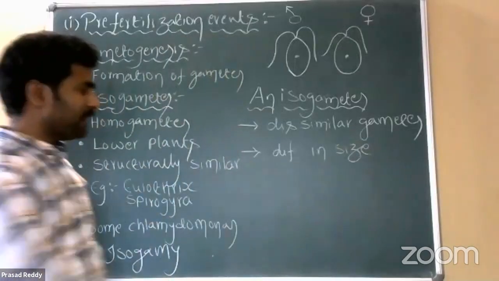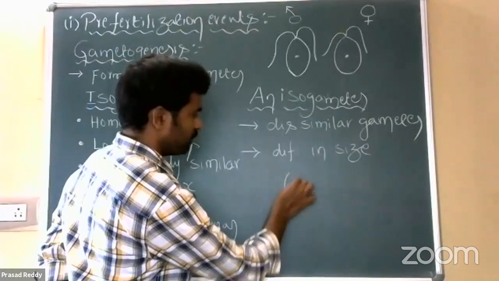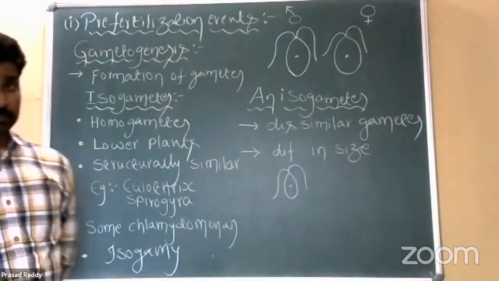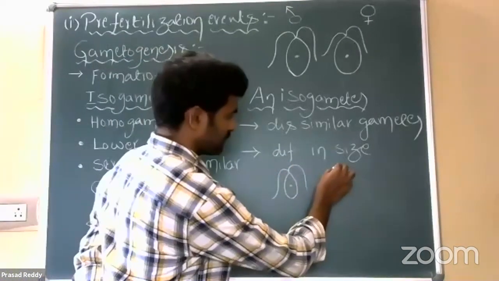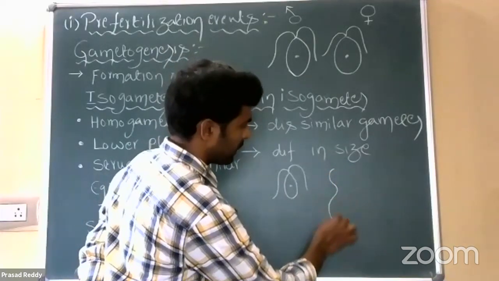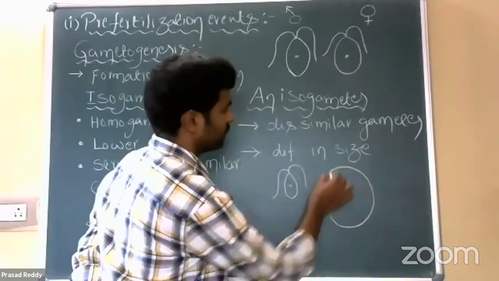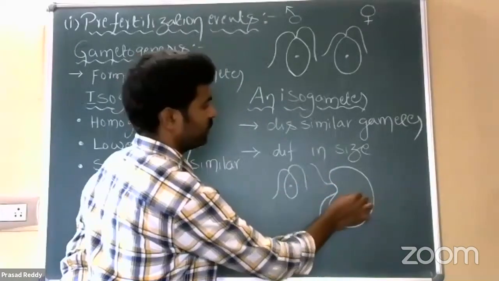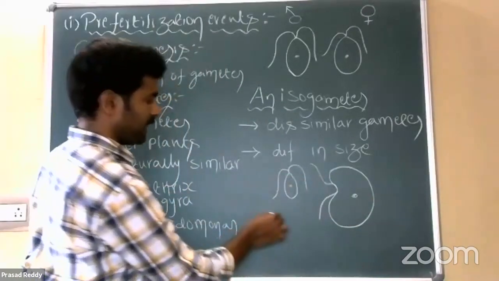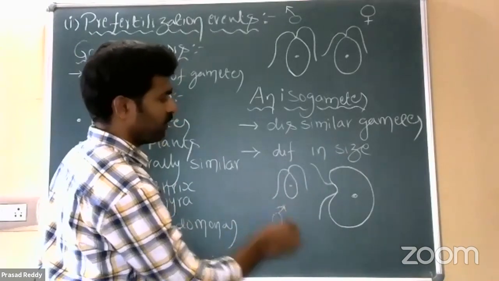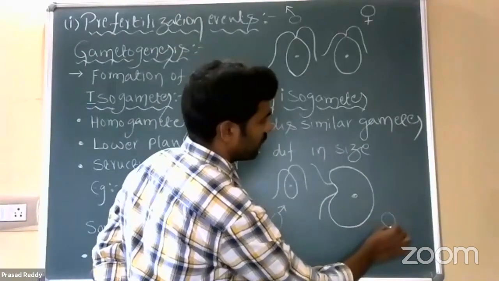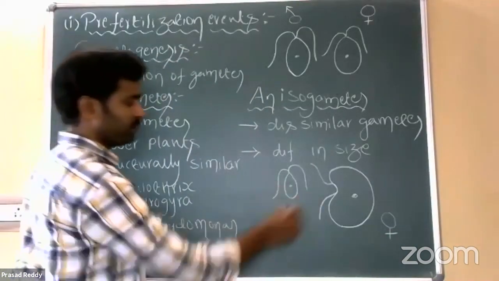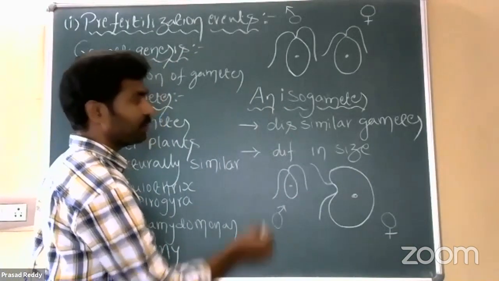For example, the male gamete is small in size, and the female gamete or egg is large in size. It is the female gamete and it is the male gamete. This type of gametic fusion is called anisogamy.